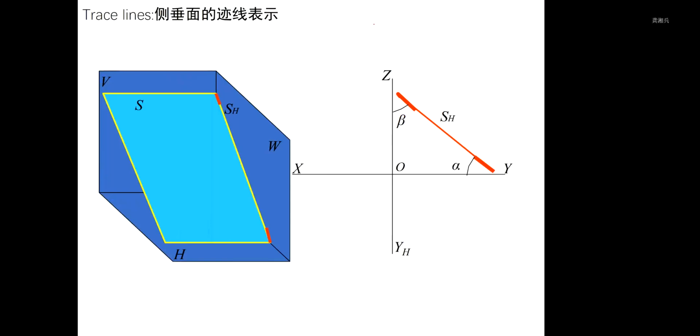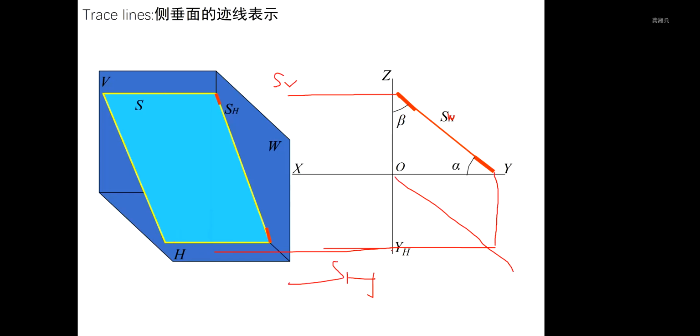Sorry, this is not H, this one is SW. This one is SV. And in this direction you have the horizontal line, extending this point, and this line is SH, just like here. This one is SH. This one is SV.